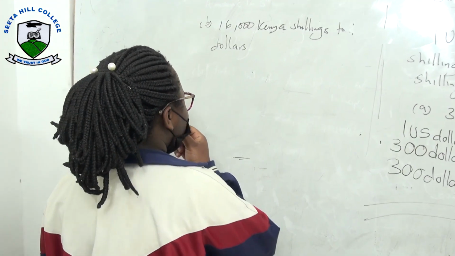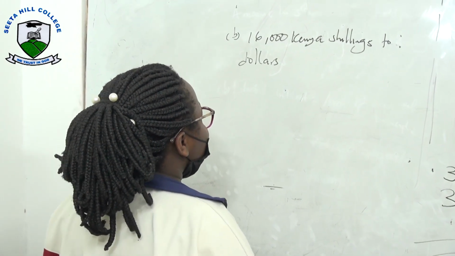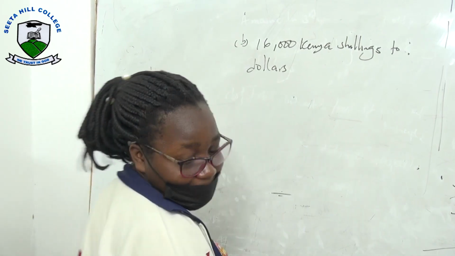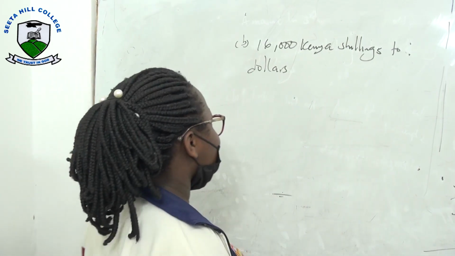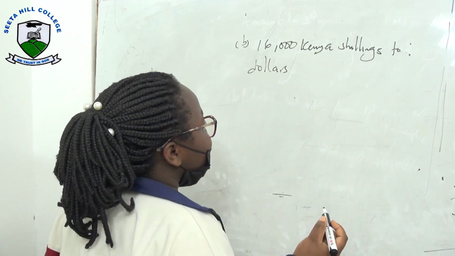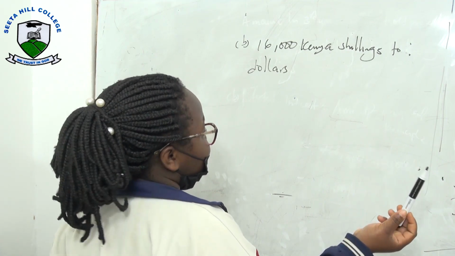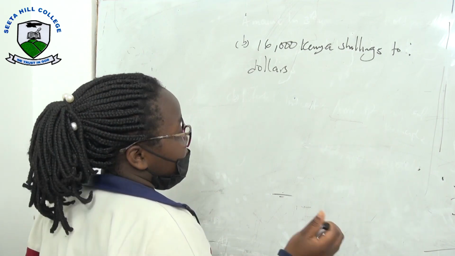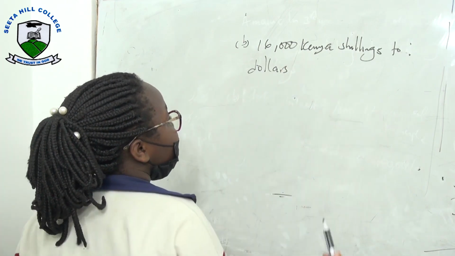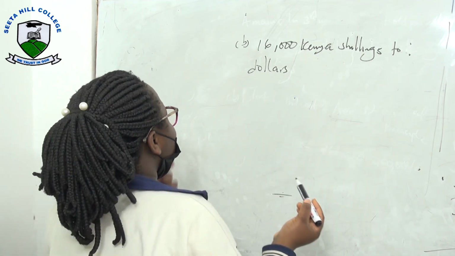We shall have to first change these Kenya shillings to the Uganda shillings for us to convert to dollars. Since we are given Uganda shillings from the Kenya shillings, we first change these to Uganda shillings, and then from Uganda shillings we shall get to the dollars.